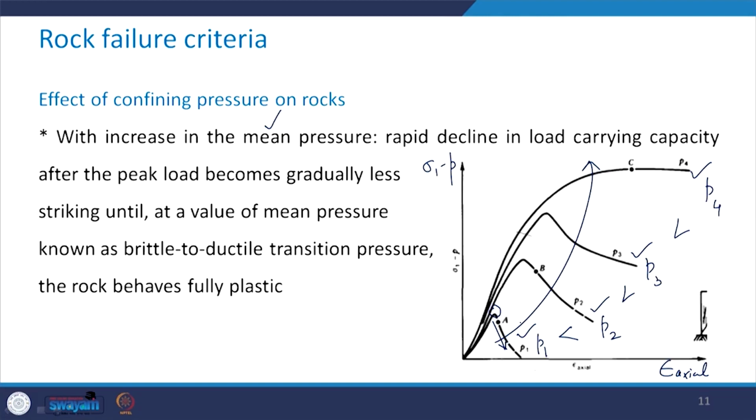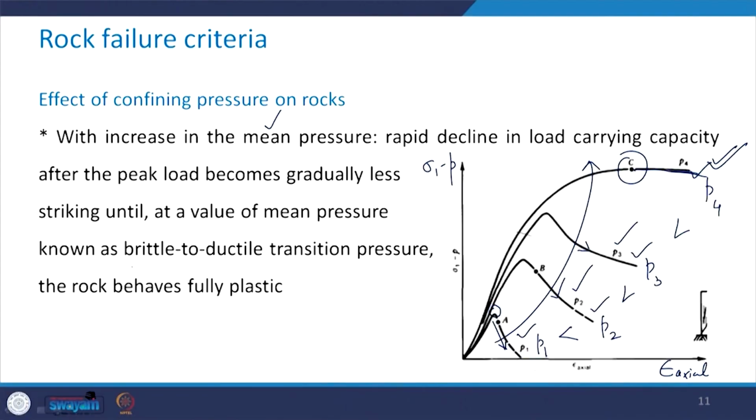Then as you increase the mean pressure, that is when you go to this P2, you can see that the slope of this post peak part reduces, and when you increase it further, that is to P3, this slope gets even milder, and a stage will come where after the peak the branch does not come down, but it goes like this here.